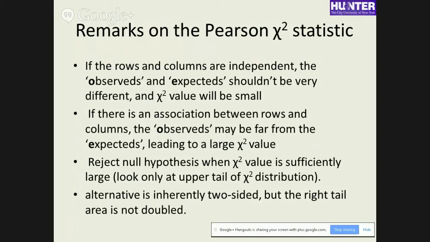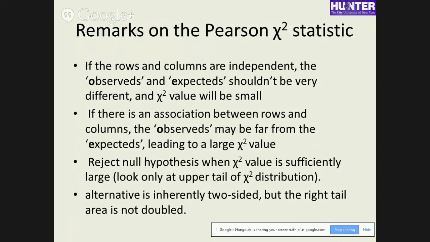And when chi-squared is sufficiently large, so there's probably a less than 5% probability of observing the value of chi-square that we see, or something more extreme, so under the right tail of the chi-square distribution, we'll reject the null hypothesis and instead accept the alternative hypothesis.